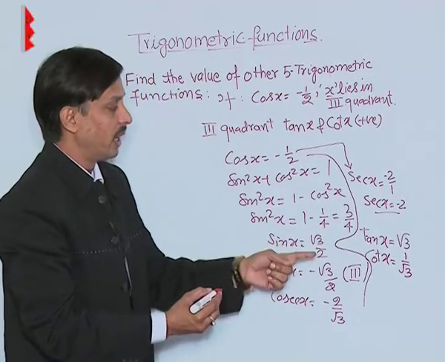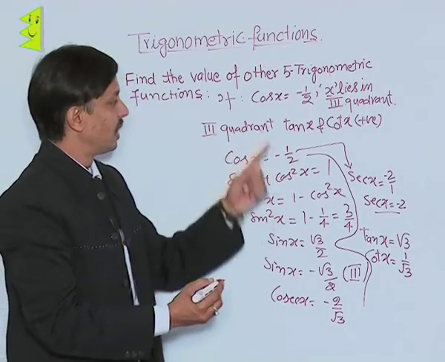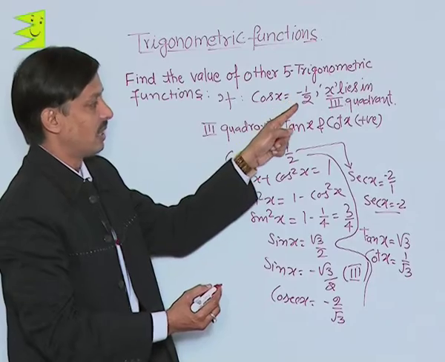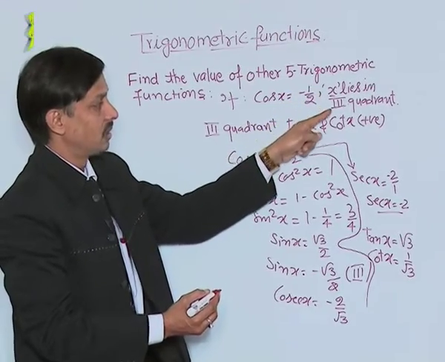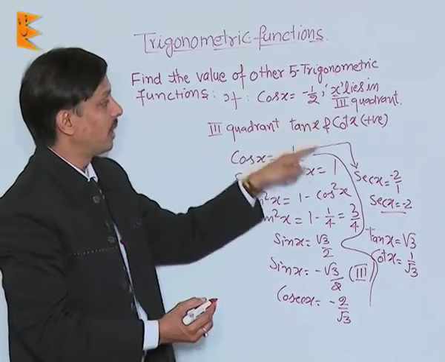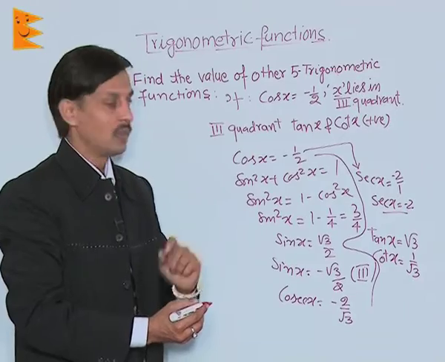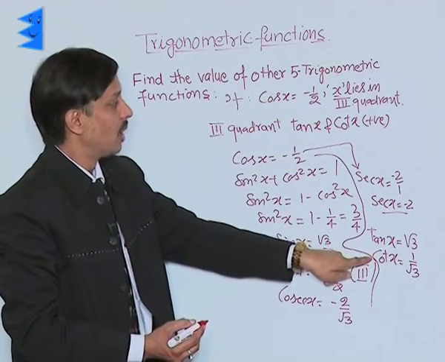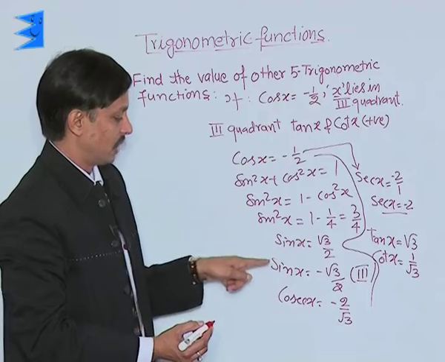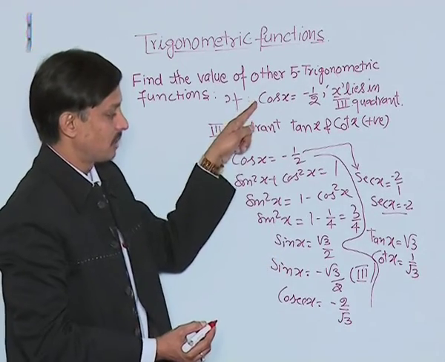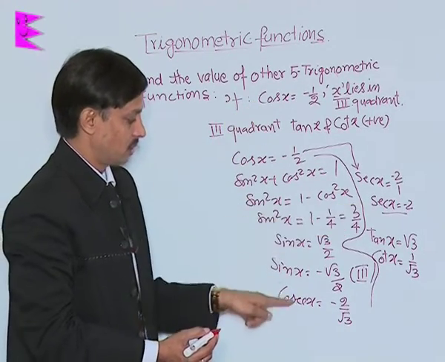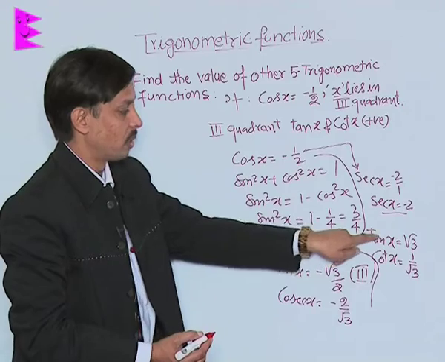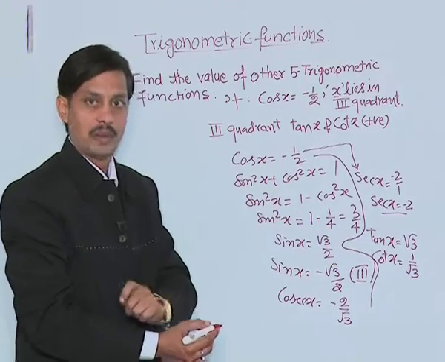So in this way I can say that if the value of cos x is minus half and x is in the third quadrant, then by taking care of sign, that is, in the third quadrant only tan and cot are positive, the remaining 5 ratios, that is sin x, sec x, cosec x, tan x and cot x, have been obtained.